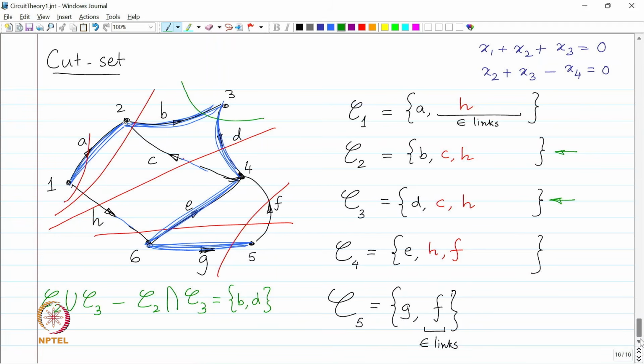Okay. So, for example, C1, okay, let us write it out. So, what does this mean? I A plus I H is equal to 0. Is it okay? First one, the arrows are important suddenly.